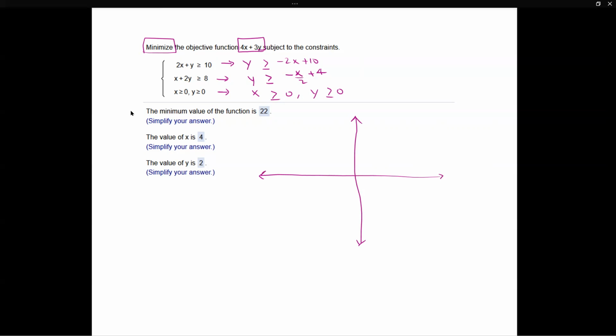So let's look at this line. If I want to graph this line, which you will need, of course, in the other method as well, you're going to go to 10. Then we're going to come down 2 and over 1. And it's going to be some type of line going from left to right. And it's going to cross the x-axis.